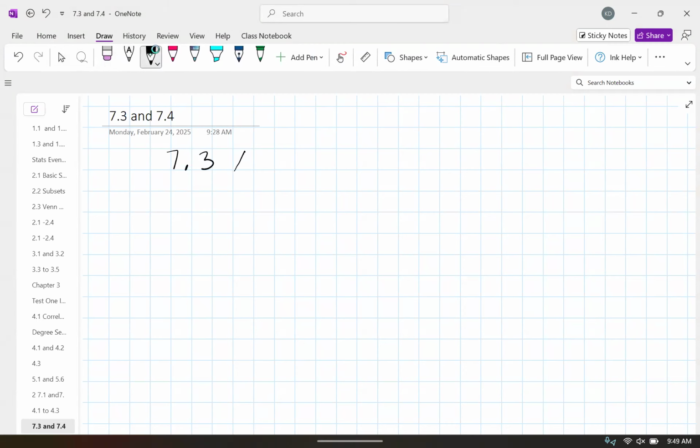7.3 is assessing quality. Basically, we're asking ourselves, is this data normal?